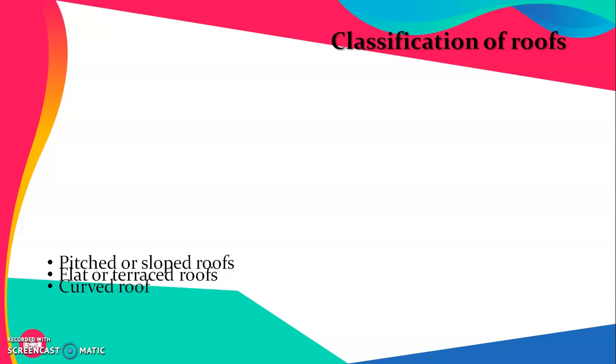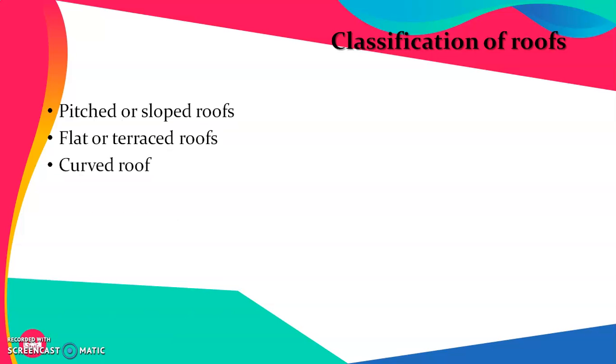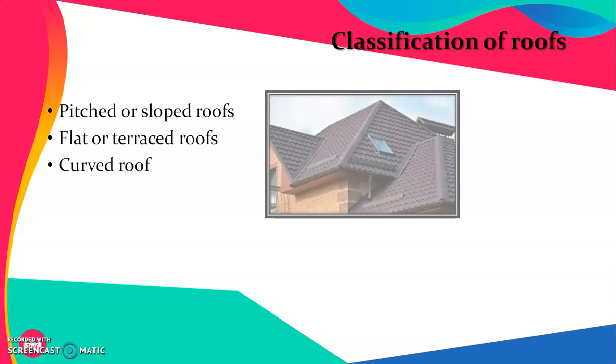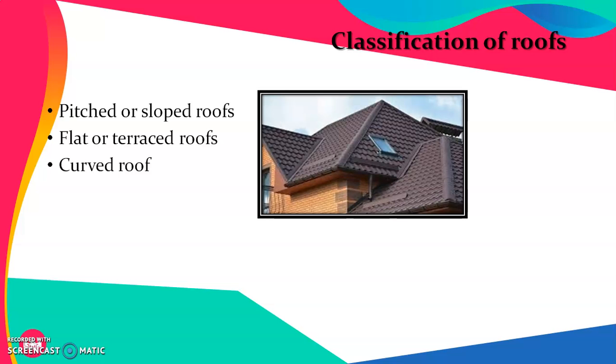So let's understand now the classification of roof. Generally, from the nature of roof, the roofs are classified as pitched roof or sloped roof. Second class is flat or terraced roof and third class is curved roof. This picture is representing the sloped roofs.